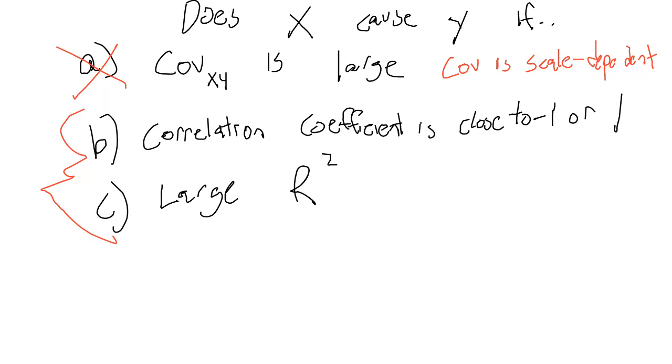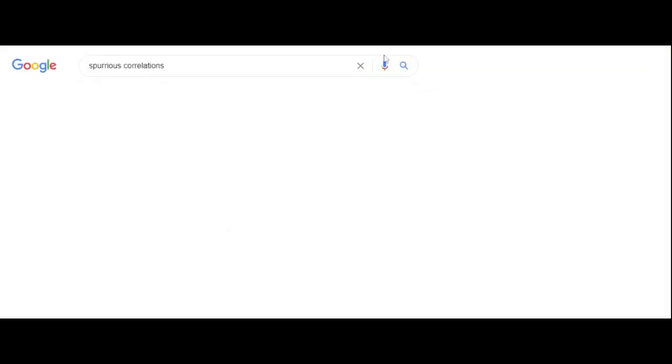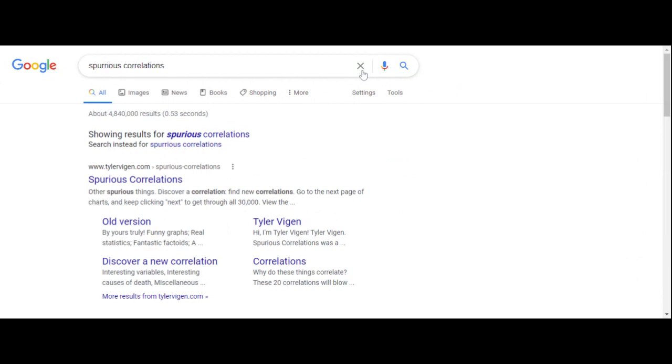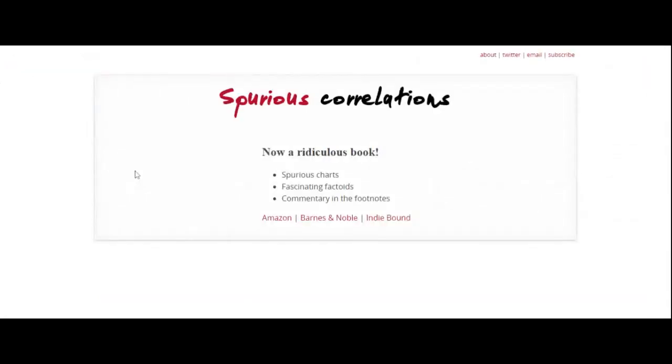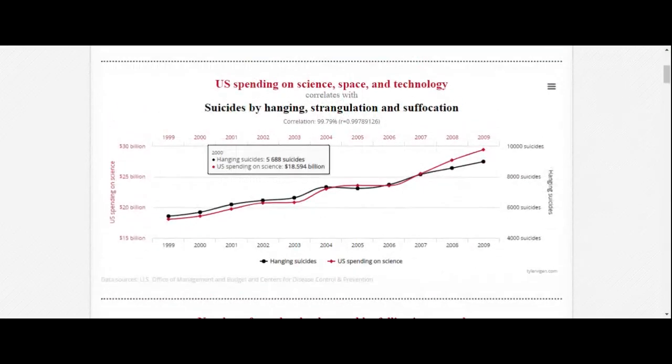You can also look at, for a fun example, there's a whole website full of what are called spurious correlations. So here we have annual spending on space, science, and technology, and suicides by hanging, strangulation, and suffocation.